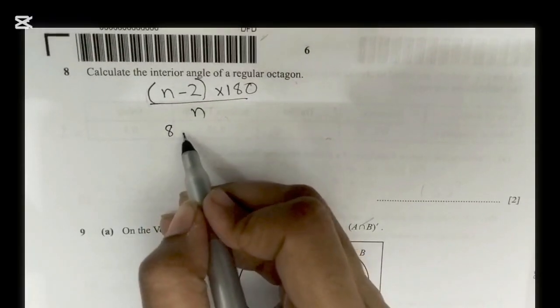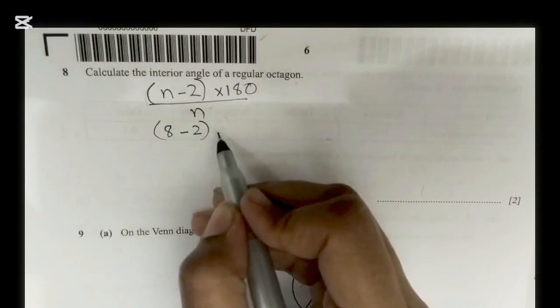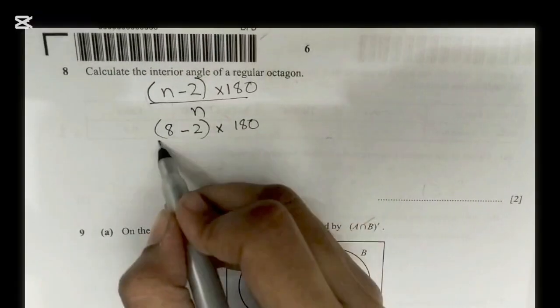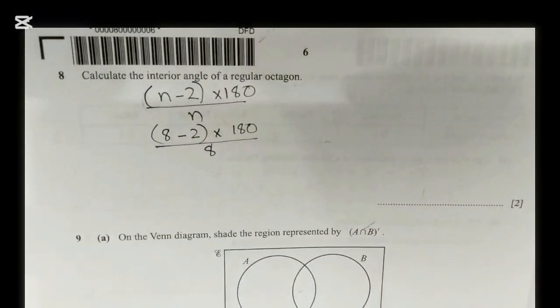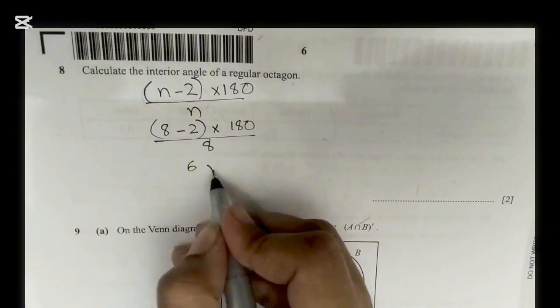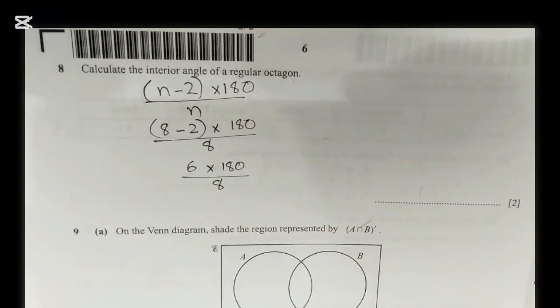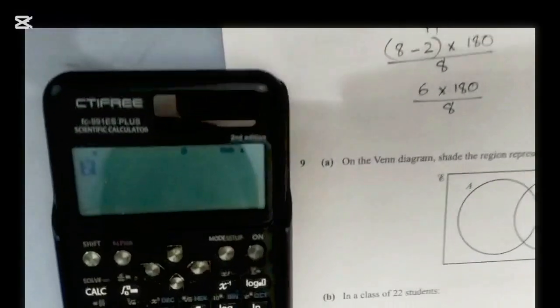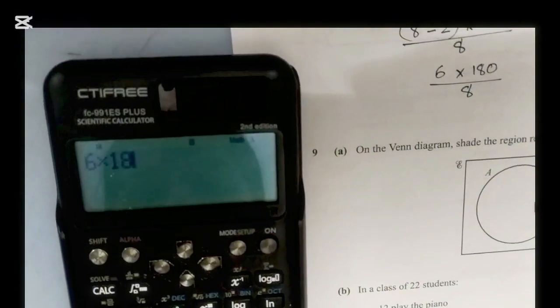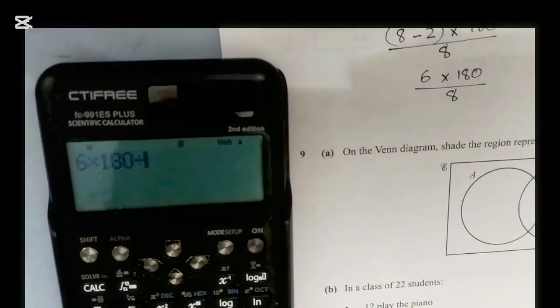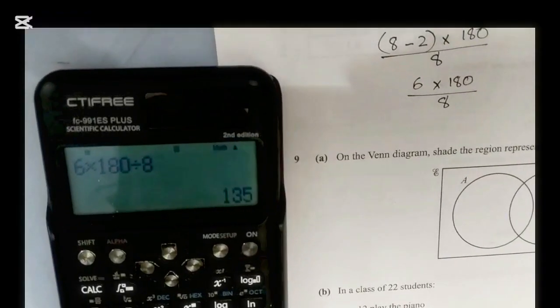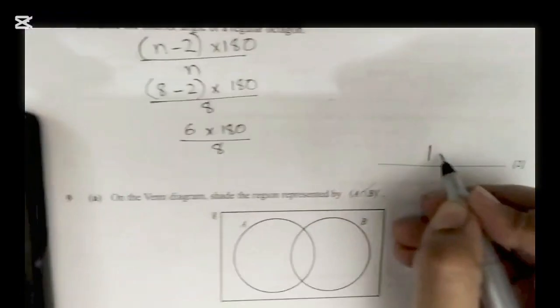There are 8. So 8 minus 2 times 180 upon 8. 8 minus 2 is 6, times 180 upon 8, and you can use the calculator to solve it. 6 times 180 divided by 8, so it is 135 degrees.